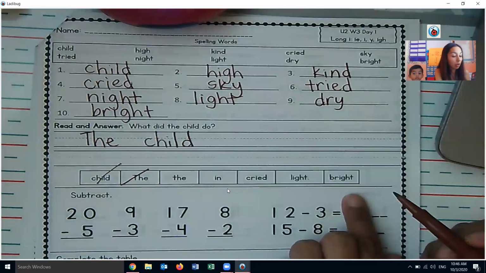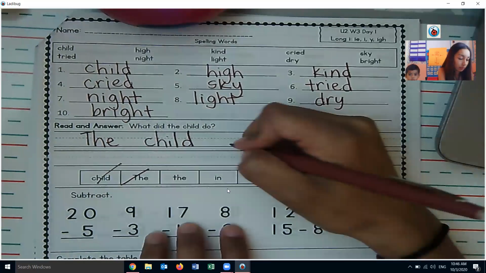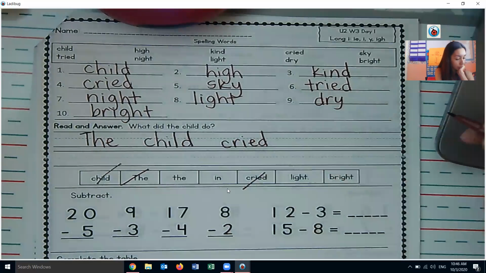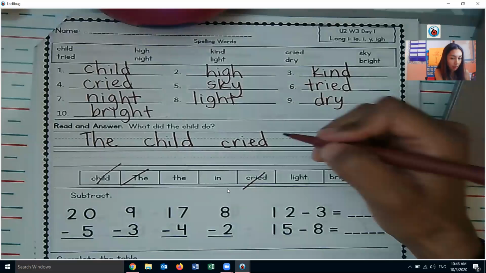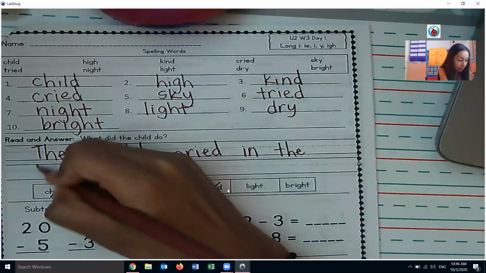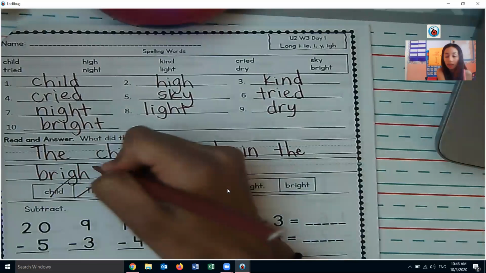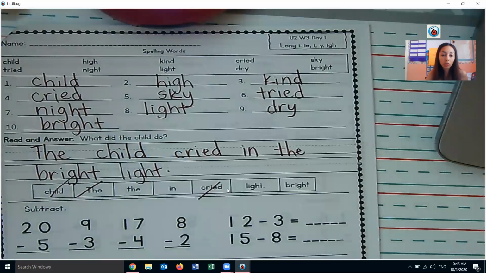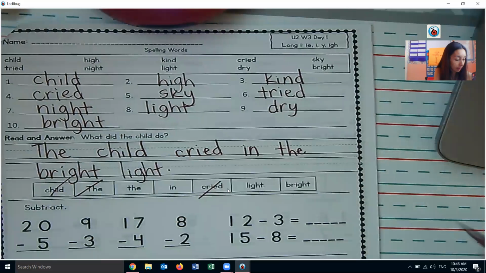The child maybe cried. The child cried in the bright light, maybe. In the bright. The child cried in the bright light.